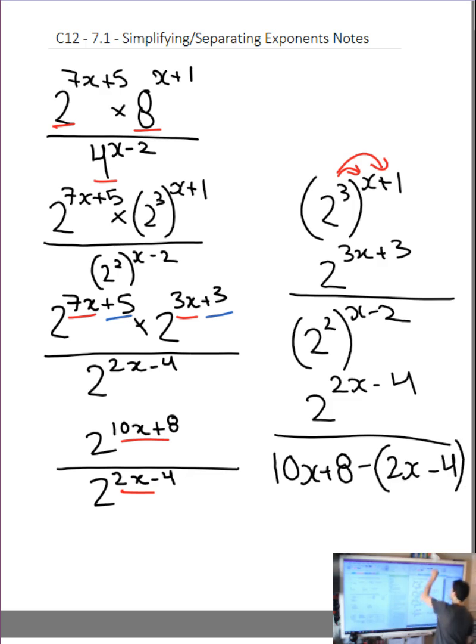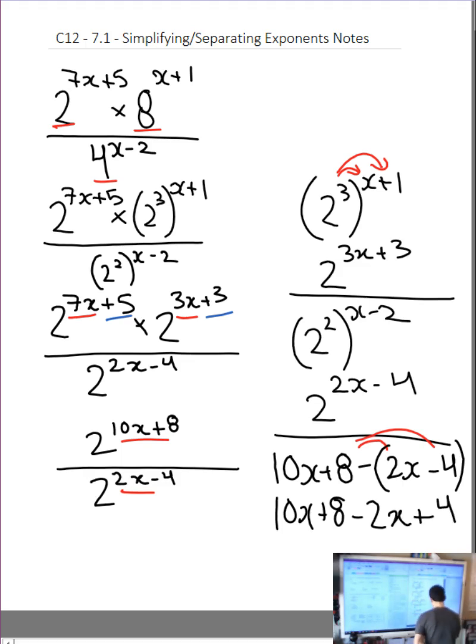Now I'm going to distribute this negative in. So we have 10x plus 8 minus 2x plus 4. So 10x minus 2x is 8x, and 8 plus 4 is positive 12, so I can simply say 2 to the 8x plus 12.